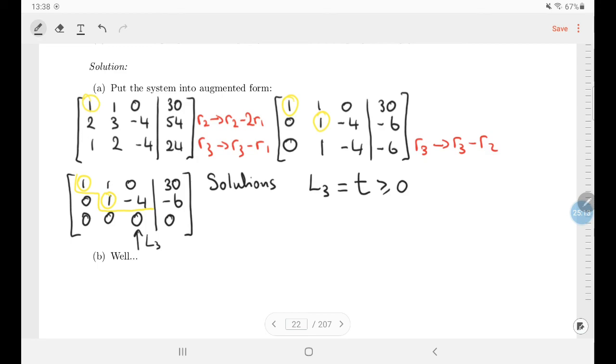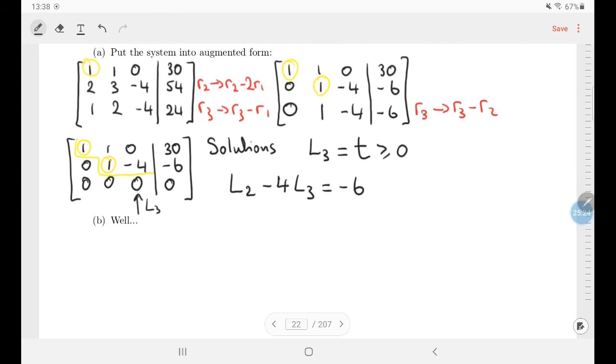So now we go to the second last row, which says that L2 minus 4L3 is equal to minus 6. And we know that L3 is equal to T. So this is a minus 4T. So if we add 4T to both sides, we get L2 is equal to 4T minus 6. So we have L2 in terms of T. And then let's look at row 1, which says that L1 plus L2 is equal to 30.